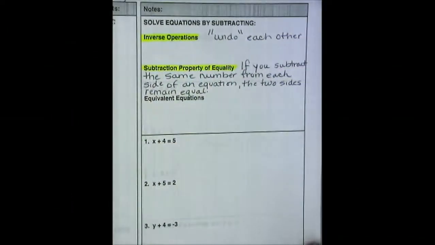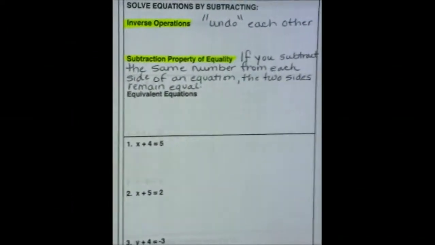And we'll see specifically what that means here in just a minute when we start working some of these problems.